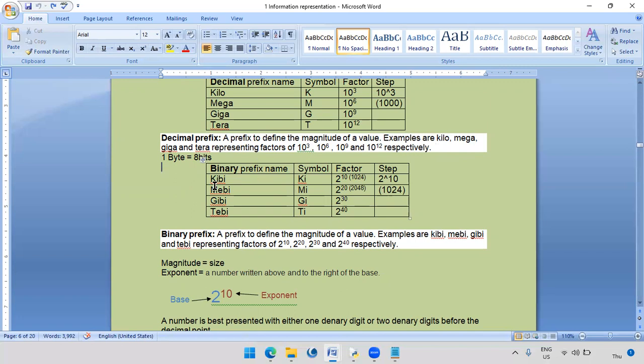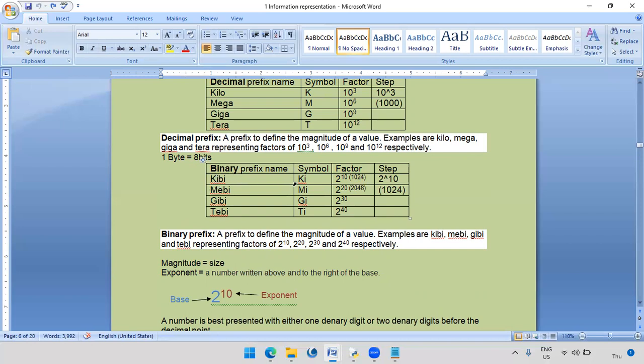For the binary prefix, it's called kibi. The name is kibi, not kilo. Kibi, and the symbol is Ki and the factor is 2 to the power 10. There we saw 10 to the power 3. Here it is 2 to the power 10, which is 1024. And each step is 2 to the power 10. Here, going down this way, we have to multiply by 2 to the power 10.